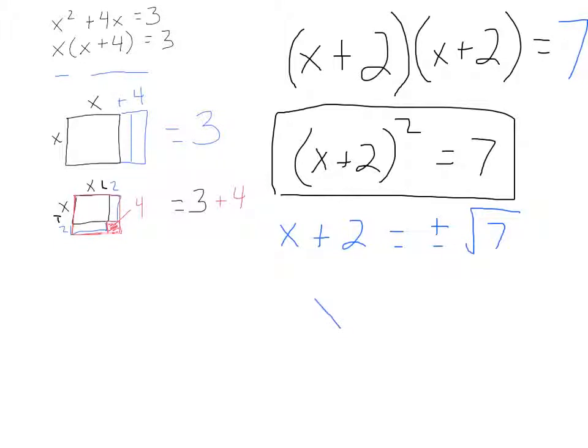And we finally arrive at x equals negative 2 plus or minus root 7. So we used completing the square to solve the equation that we would not have been able to solve using a factoring method. So the value of x is negative 2 plus or minus root 7.